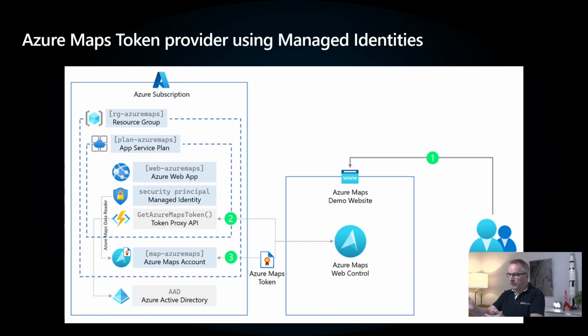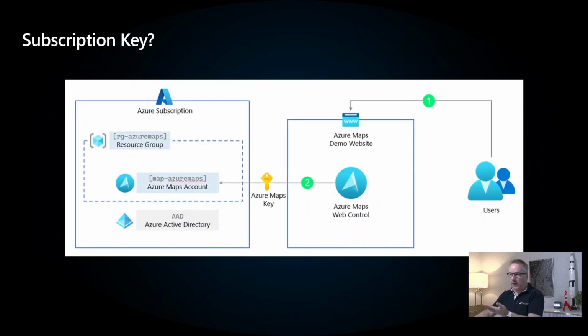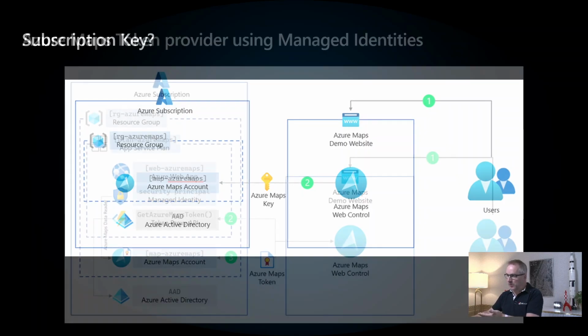It does not make sense to steal the Azure Maps tokens because they are short-lived, and of course they have limited access to the Azure Maps resource. So in this example, the Azure Maps token has only access as a data reader. When you're using the normal Azure Maps key, which I showed you before, then you have all the access. Basically, you're the admin of the Azure Maps resource. So that's why you don't want to do that in production.